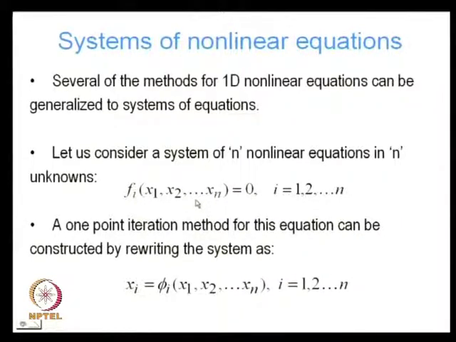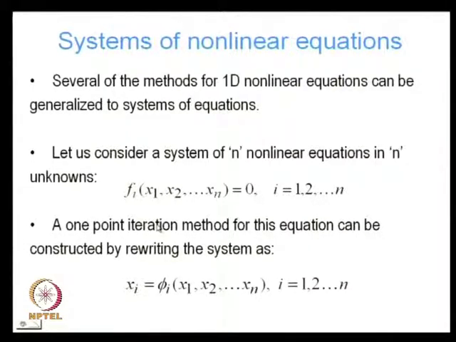So, then we have a system of n equations in n unknowns, f1, f2, f3 up to fn, and my variables are x1 through xn. A one-point iteration method for this equation can be constructed by rewriting this system like this. We saw for the 1D nonlinear equation how we can rewrite f(x) equal to 0 as x is equal to phi(x).